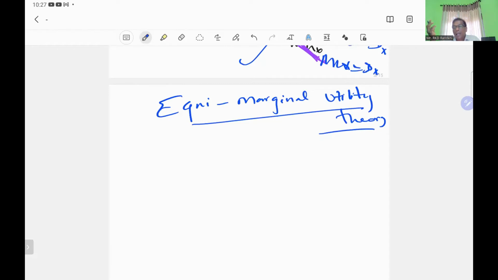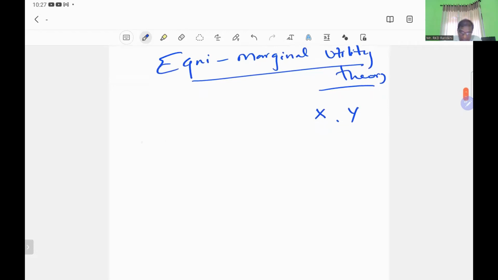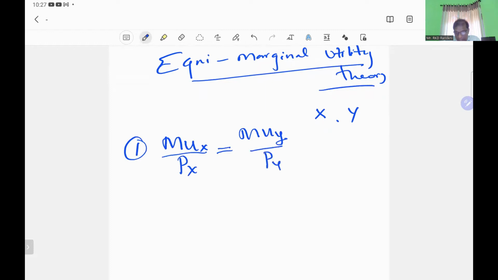Assume that he is consuming two commodities X and Y. There are two conditions that should be satisfied at the consumer equilibrium point. One is marginal utility of X divided by price of X equal to marginal utility of Y divided by price of Y.